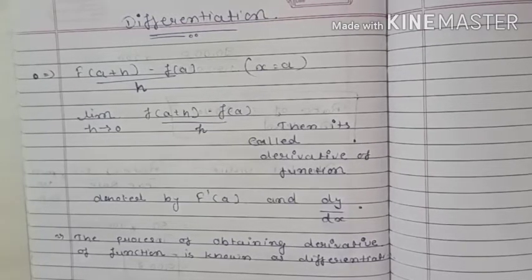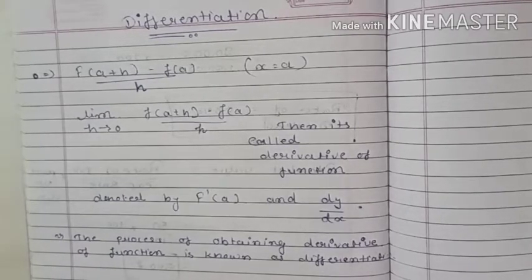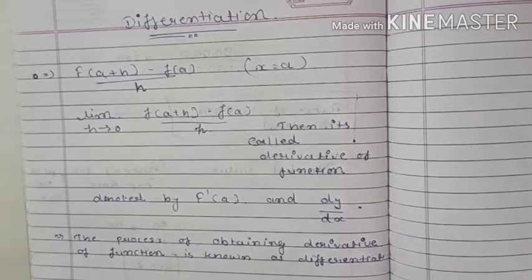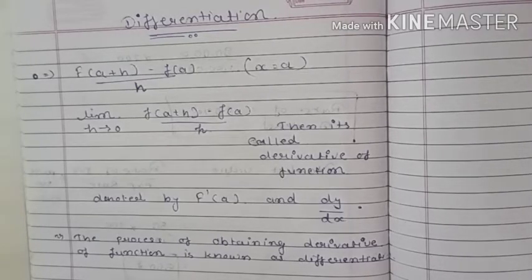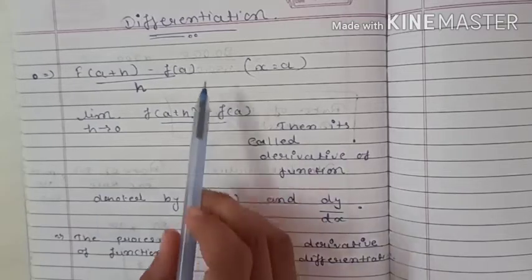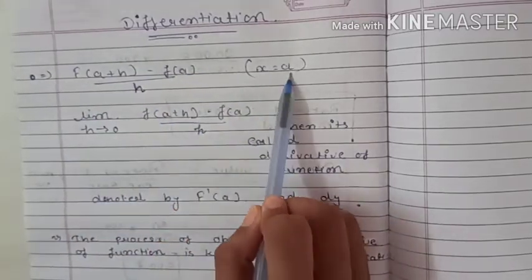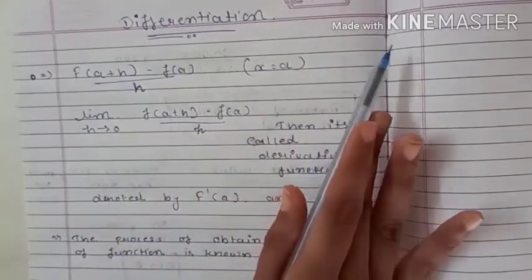First, what is differentiation? We have already studied the function and the limit of a function. Now we are studying differentiation. Whenever we put in the function the value of x and add some extra value to it, just like h, and then find the limit in this format, where x is equal to a, meaning any value of x, like 1, 2, 3, 4, it can be anything.